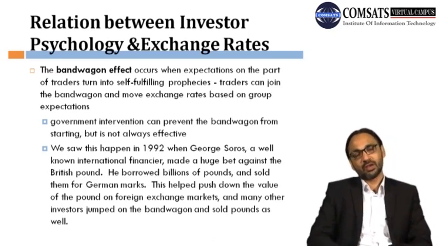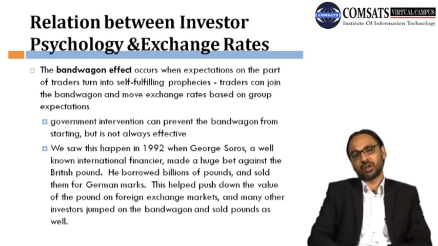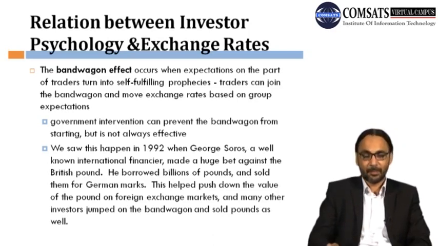The important thing is that the bandwagon effect appears when a group of people start doing something and other investors start following that approach, and the entire market starts doing the same thing, which changes the exchange rate across the countries. And government can intervene to stop the bandwagon effect.